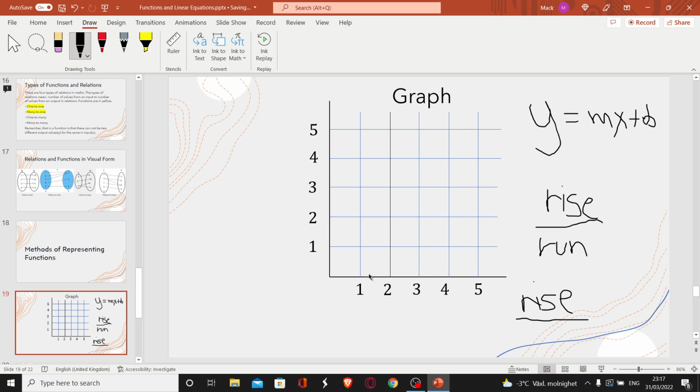That's the first problem with this equation. And the second problem is that since the run is 0, because there is no change in this x value throughout the function, this would mean that the run is 0. And we all know that you cannot divide by 0, because the result of dividing something by 0 would be infinity or undefined.